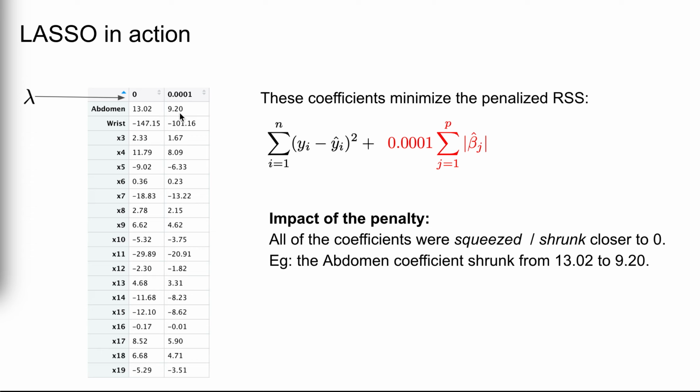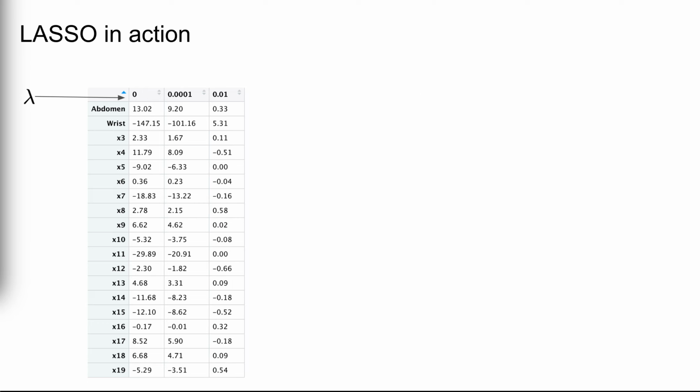This shrinkage is explained by the penalty term. The LASSO model is trying to balance a desire for small prediction errors with a desire to minimize the total size of the coefficients. If we crank lambda even higher, to 0.01, we put an even greater penalty on the total size of our model coefficients. Thus, they shrink even closer to 0.